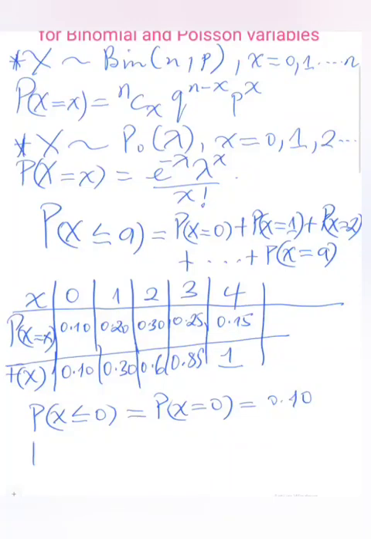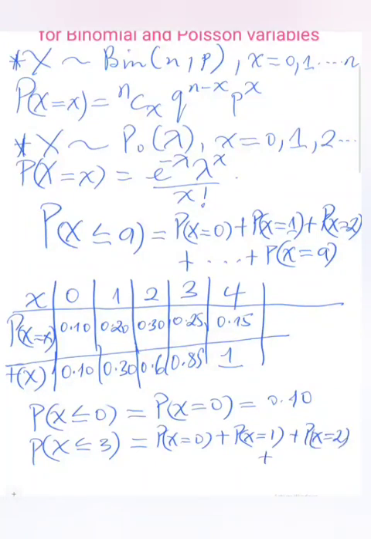If I had to take the probability that x is less than or equal to 3, I would have to sum up the probability of x equals 0 plus the probability of x equals 1 plus the probability of x equals 2 plus the probability that x equals 3.